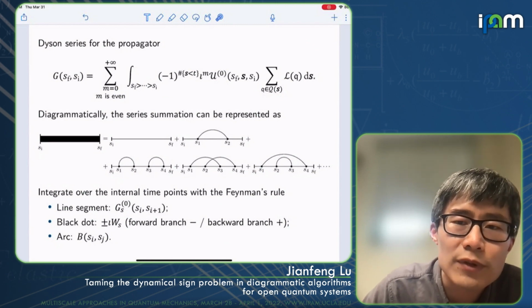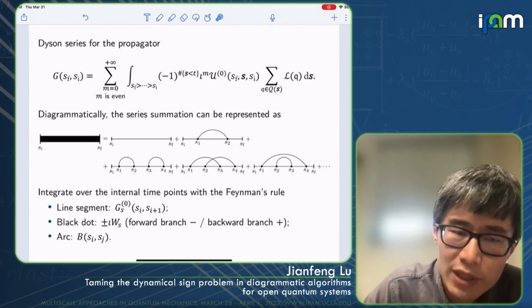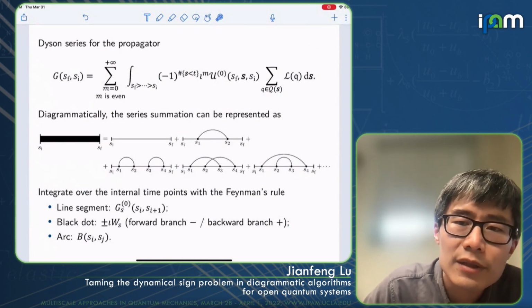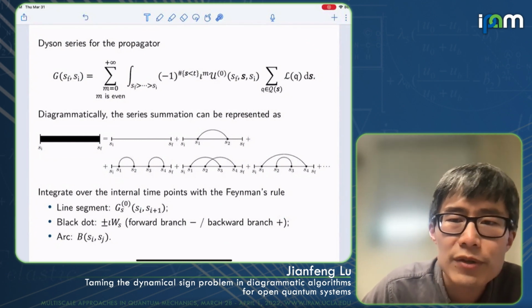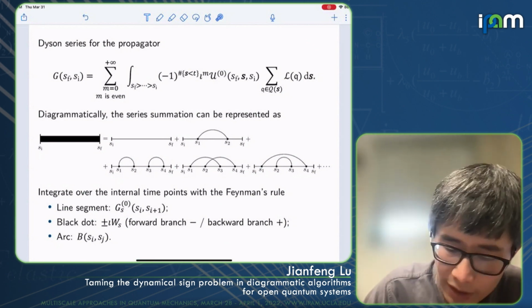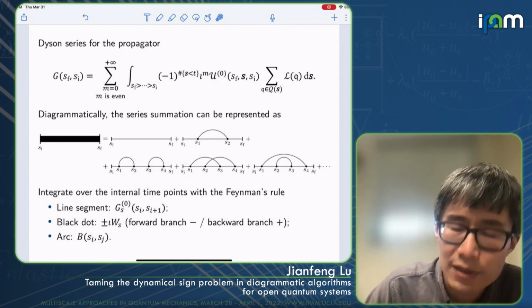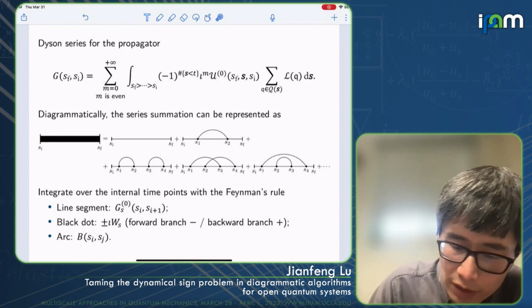In general, this influence function could be something very complicated, depending on all the time points. Under the hypothesis of Wick's theorem, you can reduce it to these pair correlations. In the language of diagrammatic sums, you can rewrite this as the following.